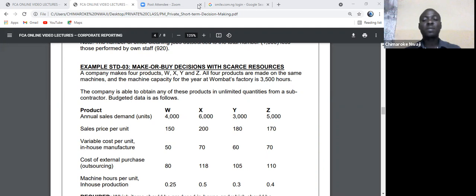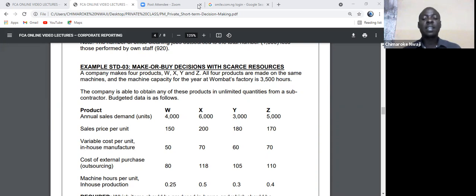4,000, 6,000, 3,000, 5,000. Look at their selling prices. Look at their variable costs per unit in-house manufacture. Then look at the cost of external purchase of these.